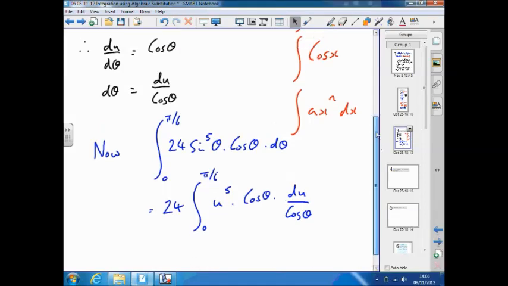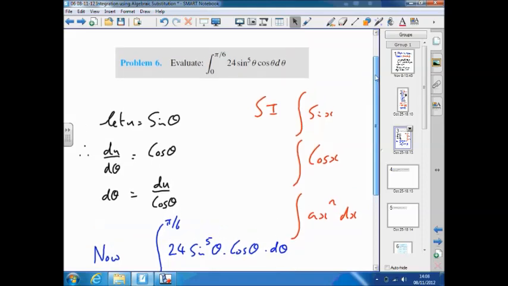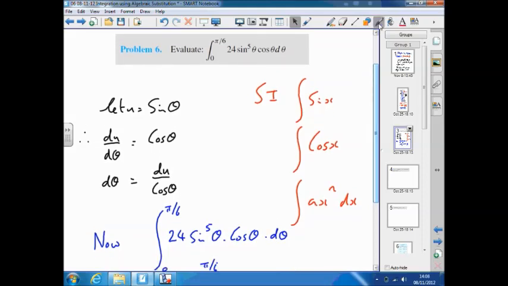So let's look at this again and how it works. Do you remember I said that the fact that the cos theta is there means this works? So what have we done? We've let the sine theta be u, because I can integrate sine theta, but I can't integrate sine theta raised to the power 5. So I let u equal the sine theta bit and differentiate it.